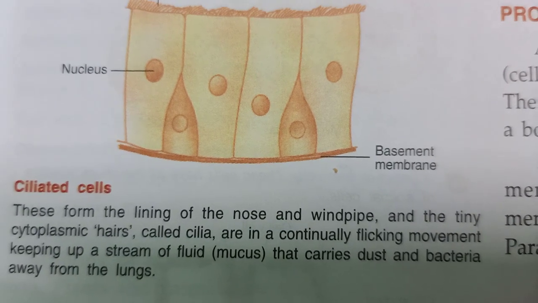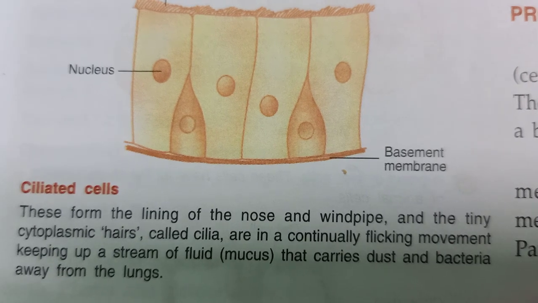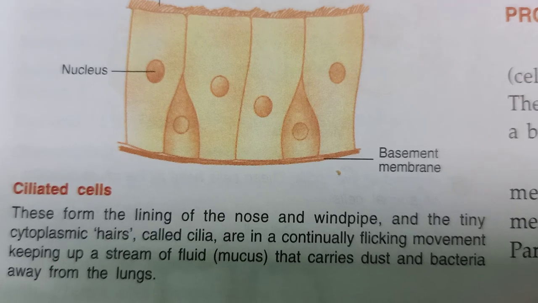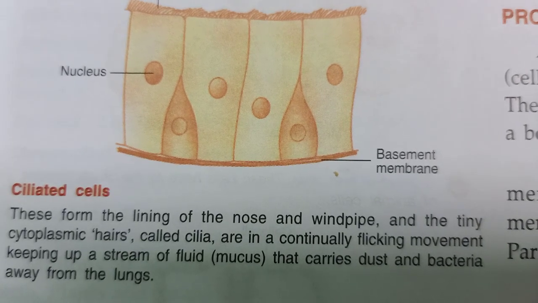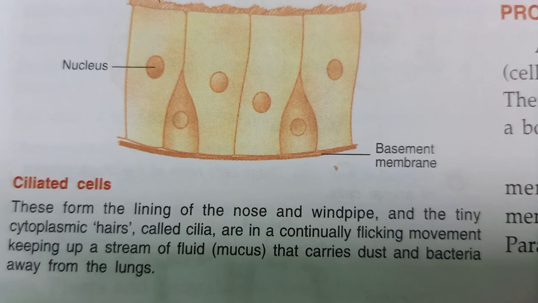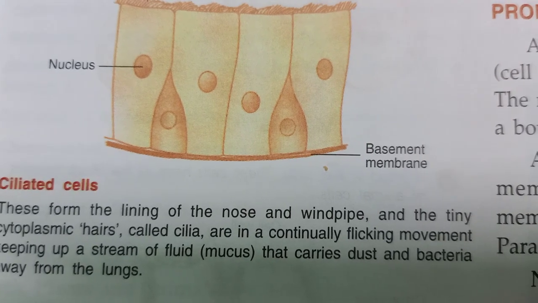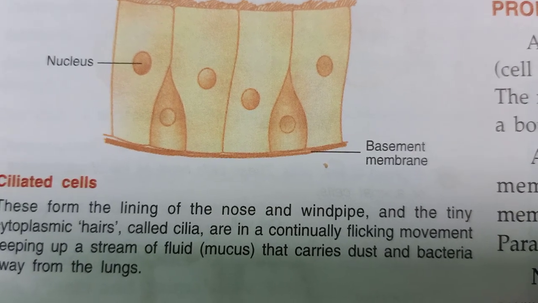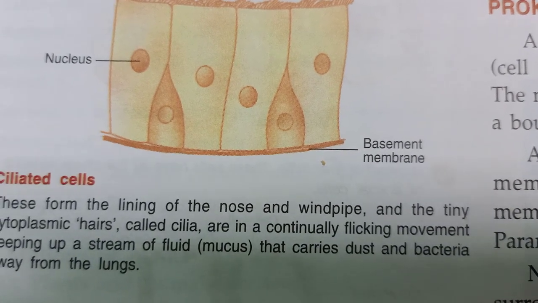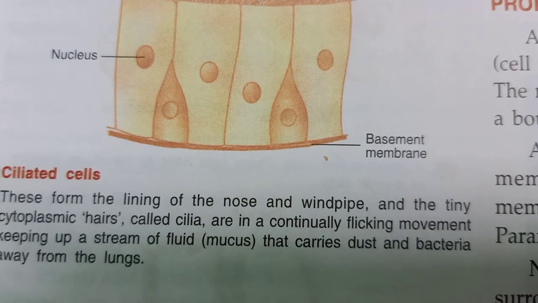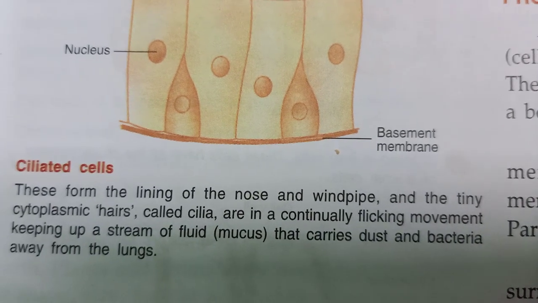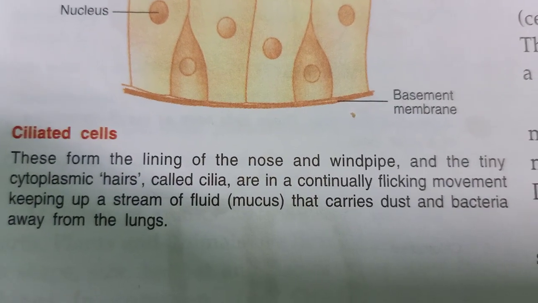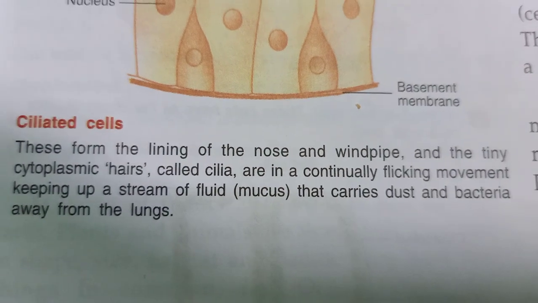These ciliated cells are responsible for producing mucus in our nose so that it carries dust and bacteria away from the lungs. That is why these ciliated cells are responsible for protecting our body so that the bacteria do not enter into the lungs.